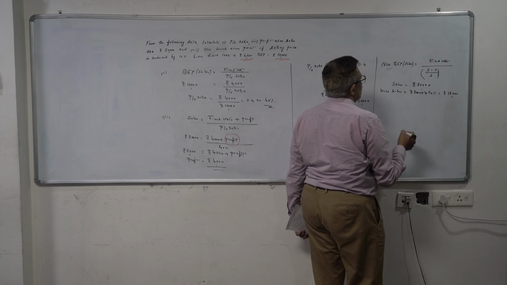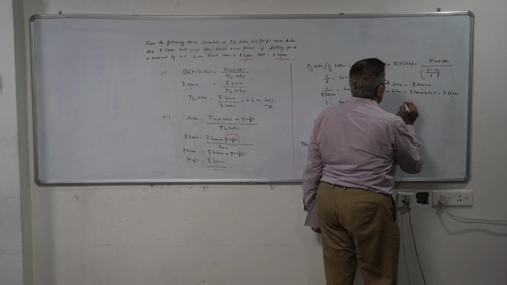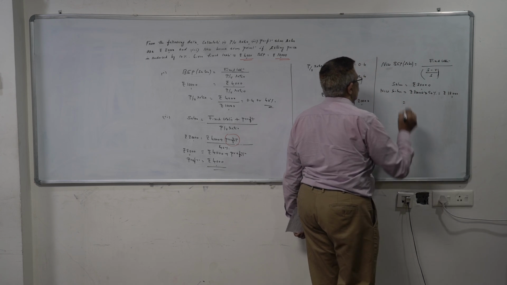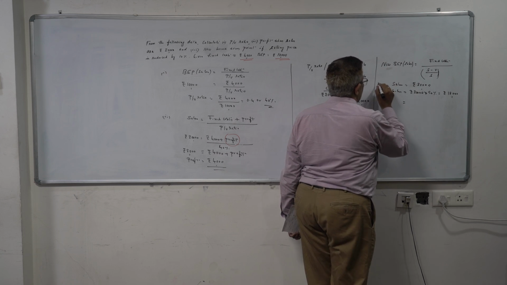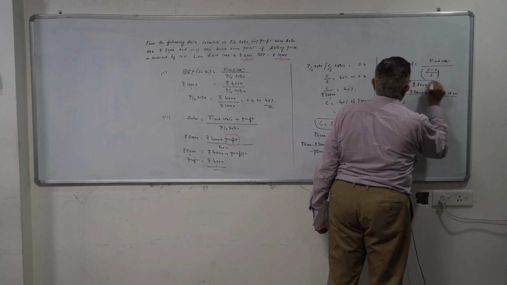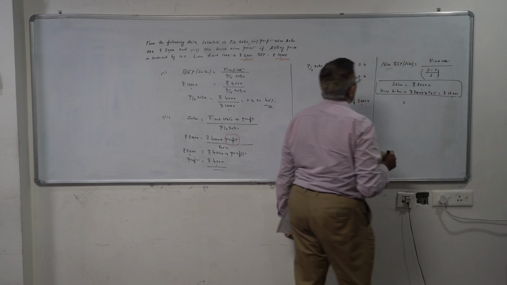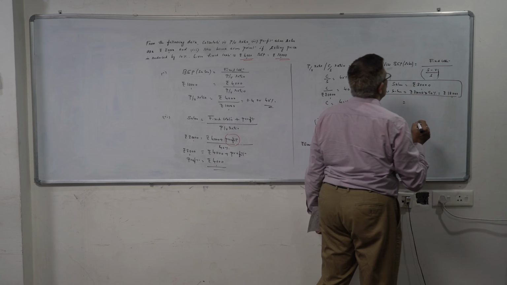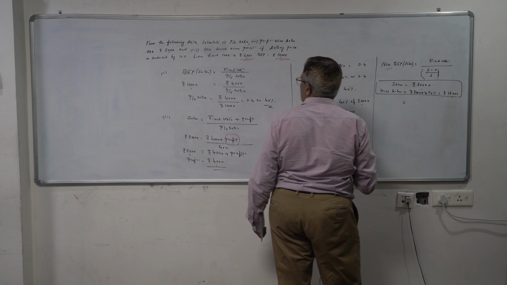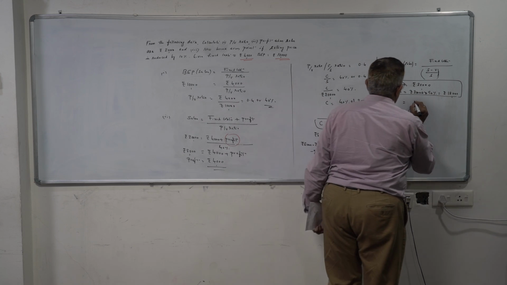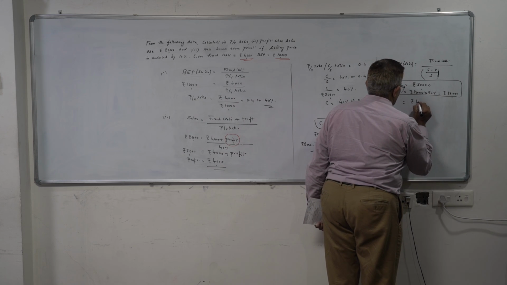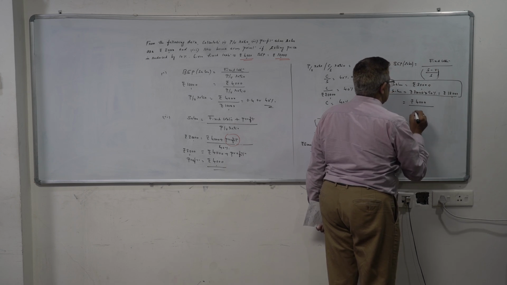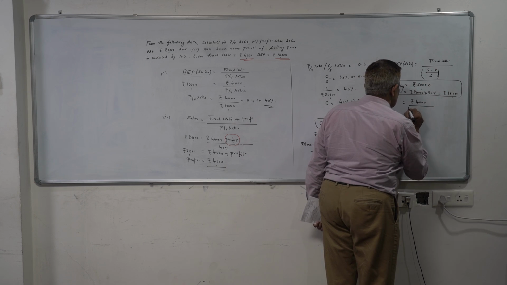So let us substitute these particular values here. So new break-even sales value will be equivalent to fixed cost. Fixed costs are given as 4,000 rupees divided by S is now 18,000.